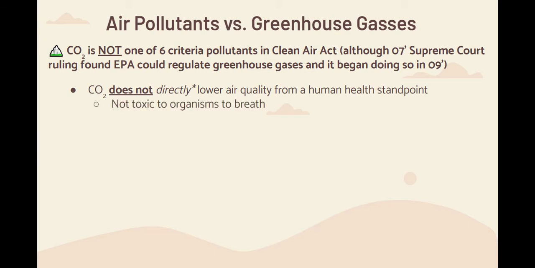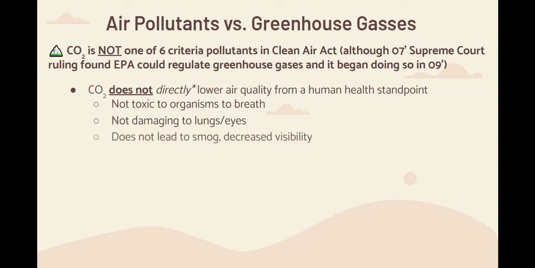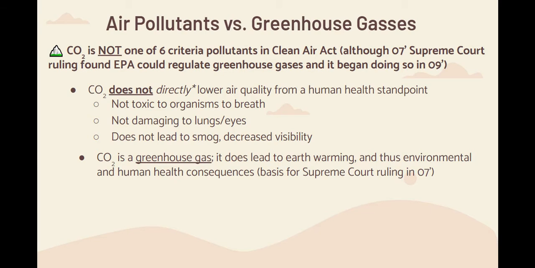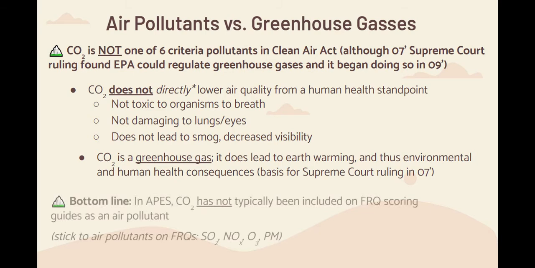It's not toxic to organisms to breathe. It's not damaging to the lungs or eyes. It does not lead to smog or decreased visibility, but it is a greenhouse gas. It leads to Earth warming, and thus an environmental and human health consequence based on the Supreme Court ruling.